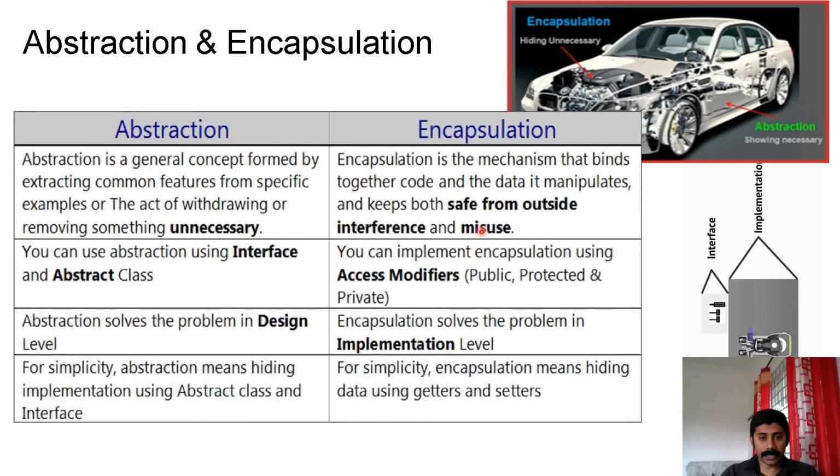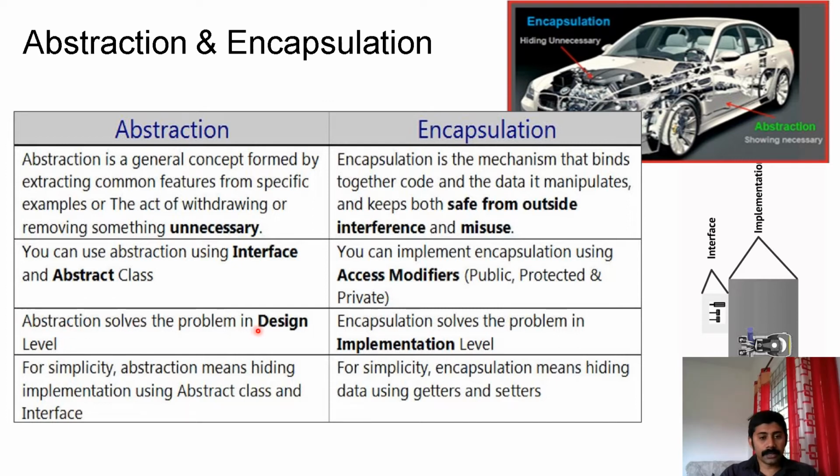You can achieve abstraction using interfaces and abstract classes. That is, in the programming language, you can achieve the abstraction feature by means of abstract classes or interfaces. Encapsulation is achieved by means of access modifiers like private, protected, public, etc., that we will study later.